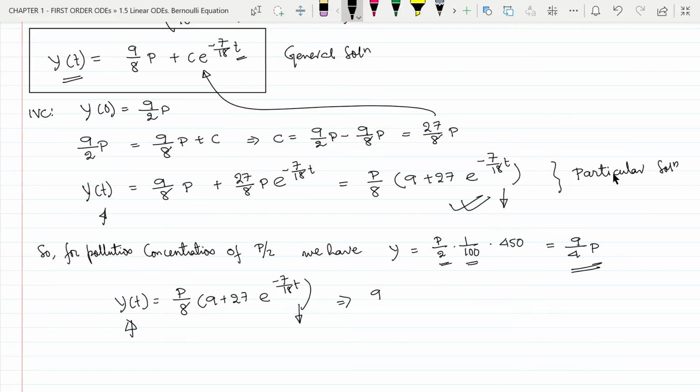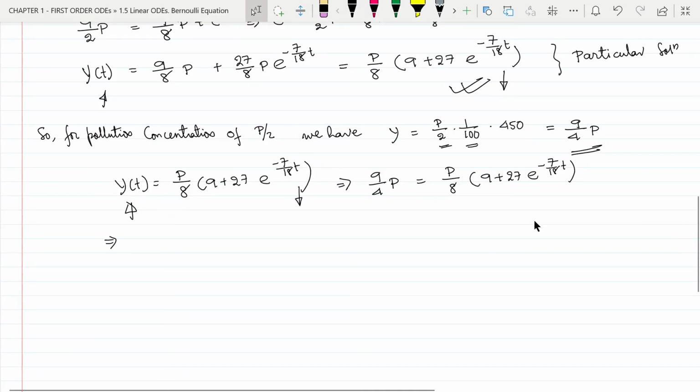This implies 9 by 4p equal to p by 8 into 9 plus 27 e to the power minus 7 by 18t.